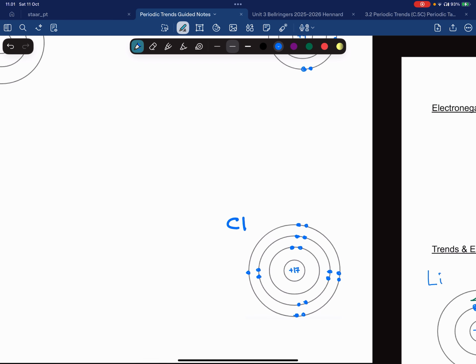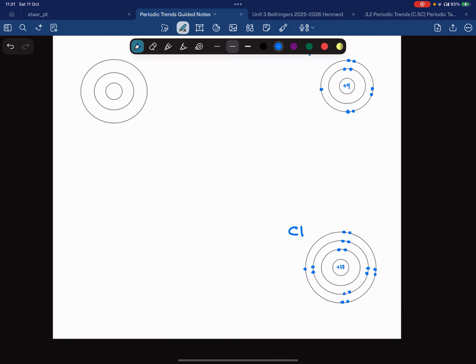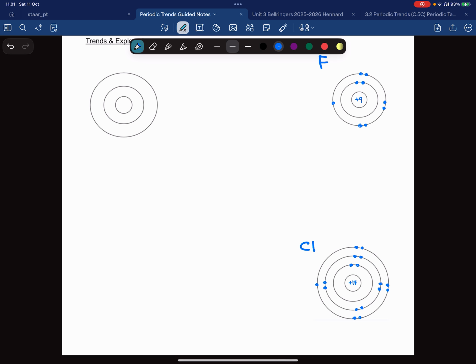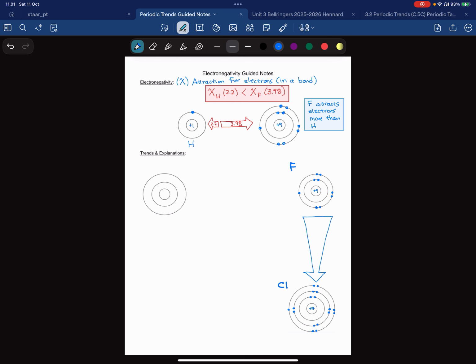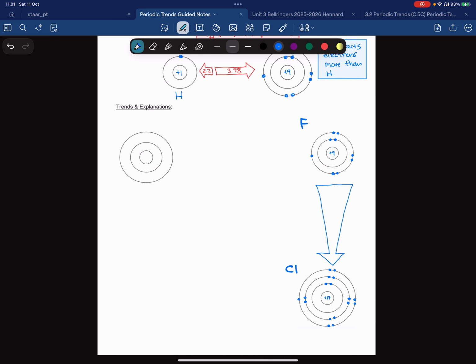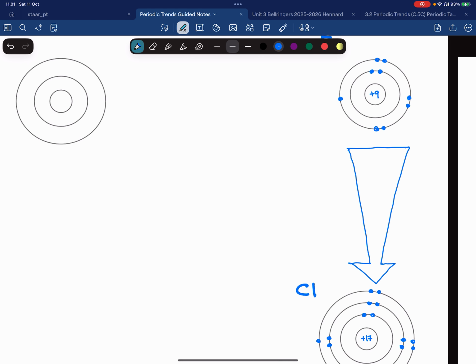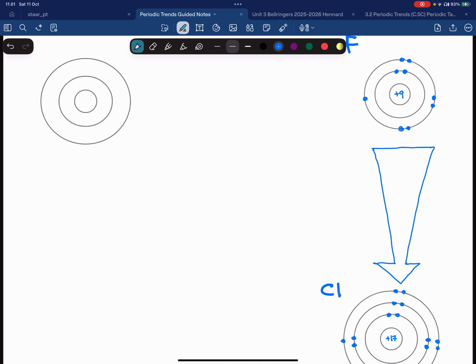Now, down a group, as we already saw, the trend is that the electronegativity decreases down a group. In a way, electronegativity is kind of the opposite of ionization energy. Ionization energy is how much is required to remove an electron, and electronegativity is how attracted the electron is to the atom.